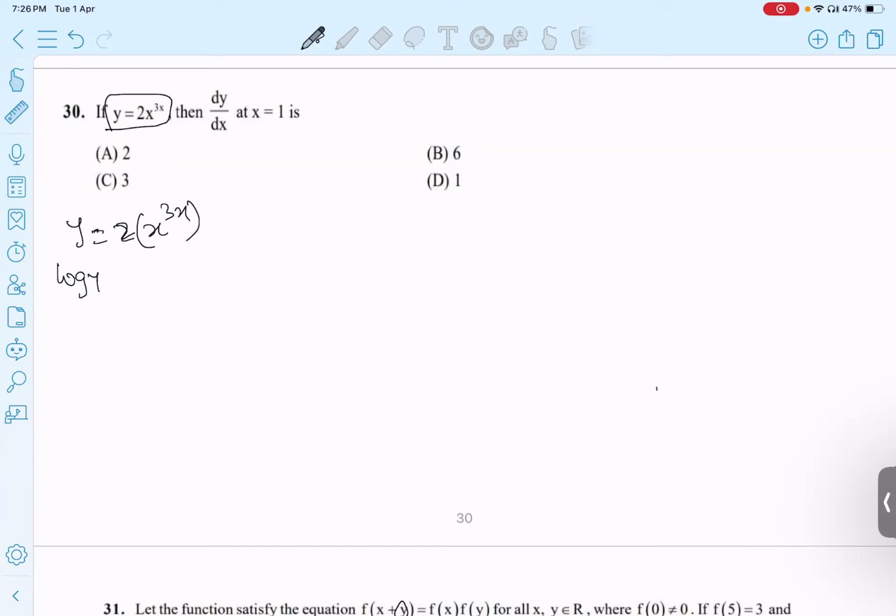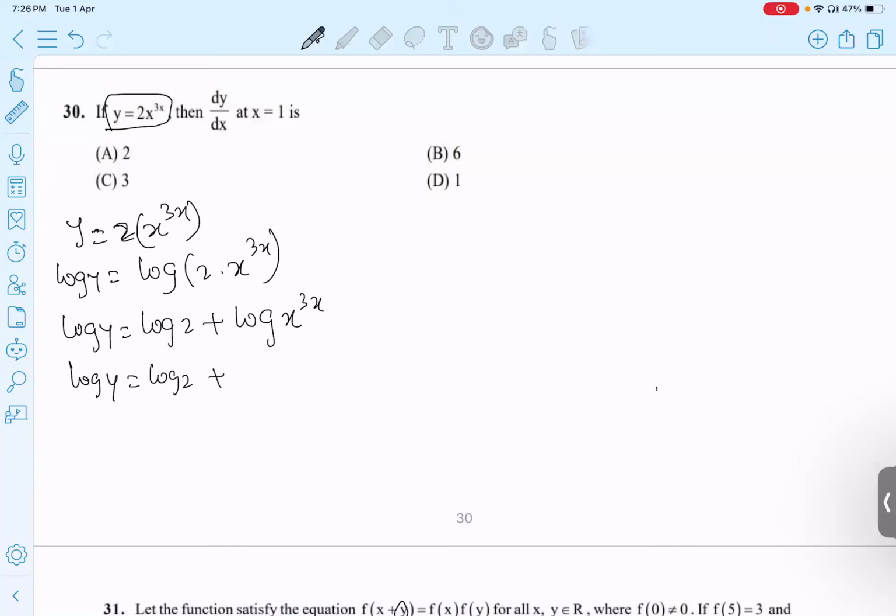So if we do so, log y is equal to log of 2 into x to the power of 3x. What is log of m into n? It is log m plus log n. Okay, so log y can be rewritten as log 2 plus 3x log x. Let us differentiate this.